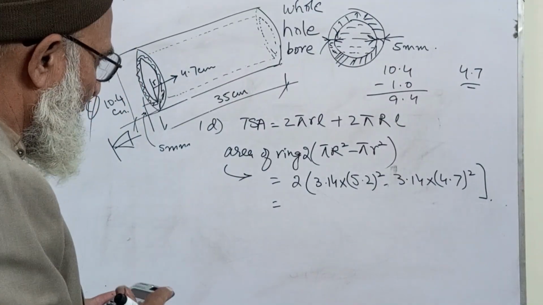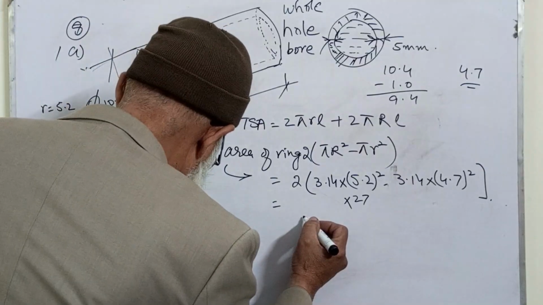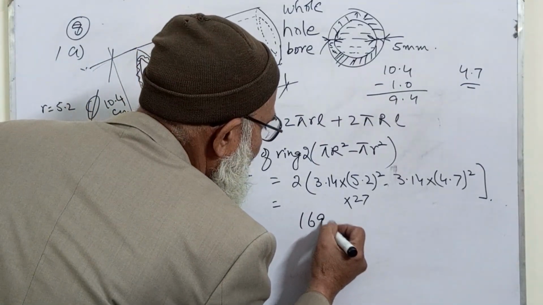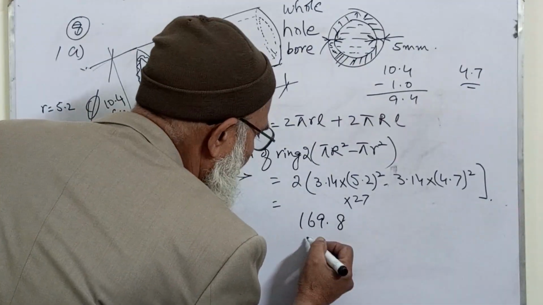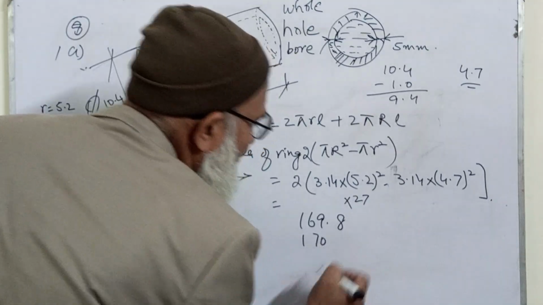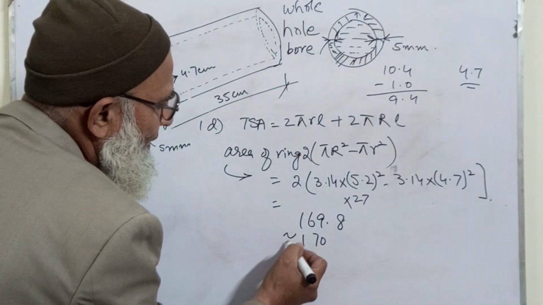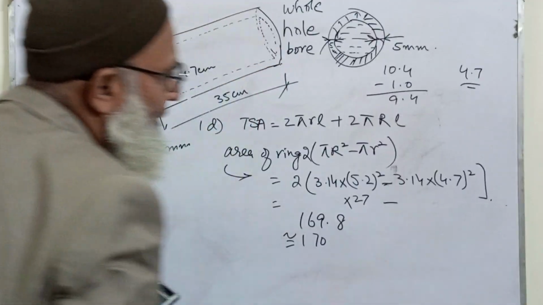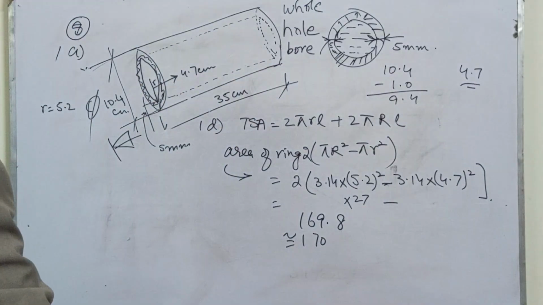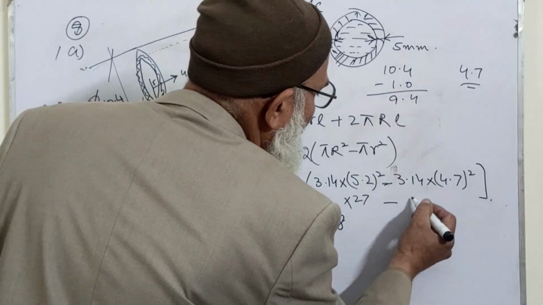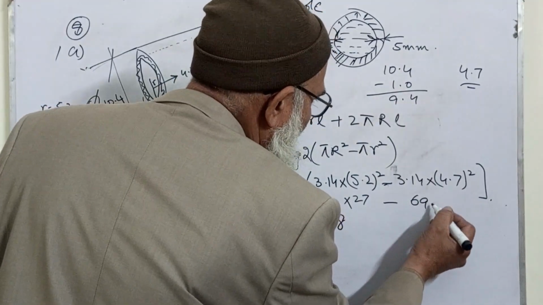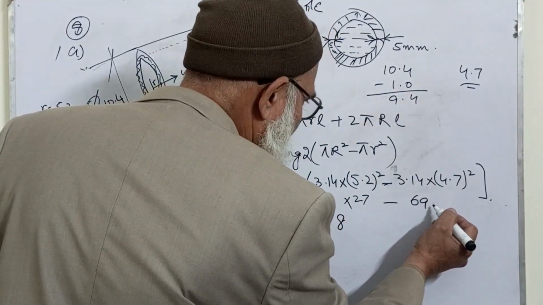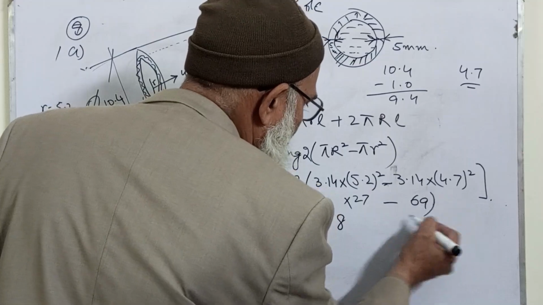So this will become 169.8 or almost 170. This one, and this one with the minus sign is here. So it will become 69.36. Okay, it is 69.